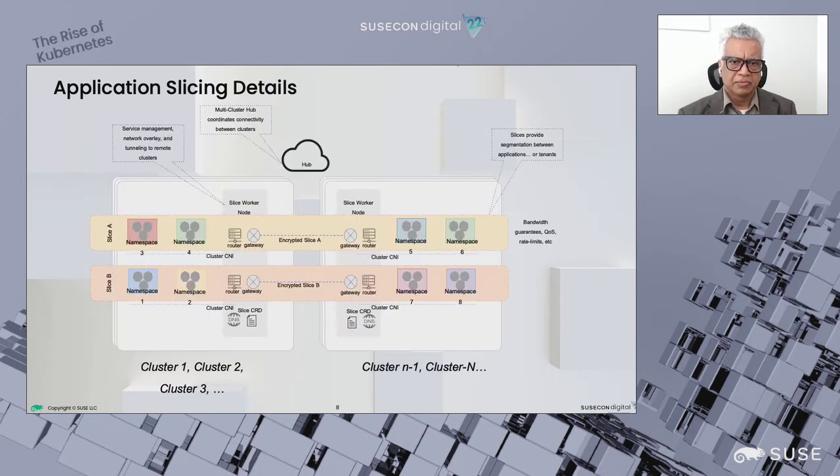And here are some details of how this might be implemented. For example, you could have the notion of a worker and a hub, and the worker is in each cluster, where there's a CRD and an operator, a slice operator, that essentially creates all of this automatically. It gives you that mechanism, whether it's policy controls, resource controls, network isolation, or connectivity, all of this is taken care of by that slice worker.